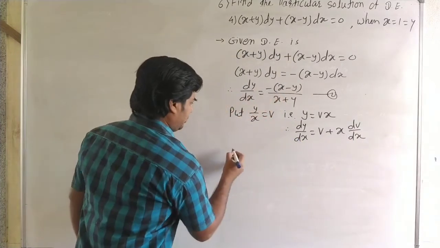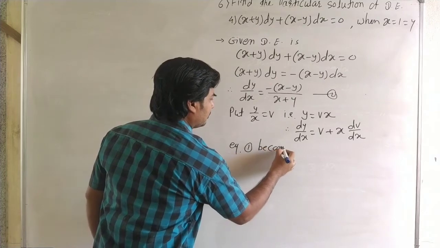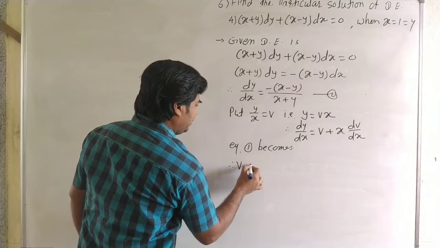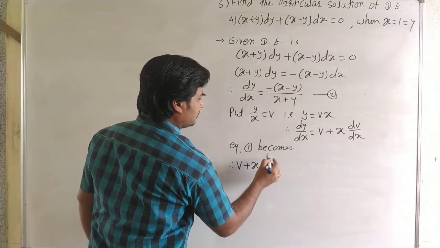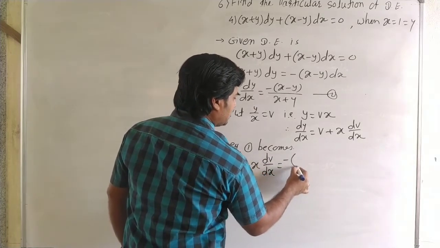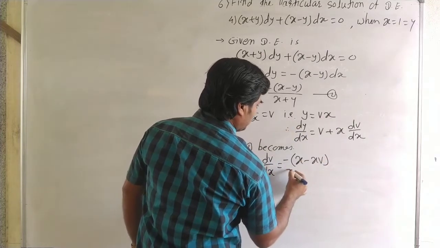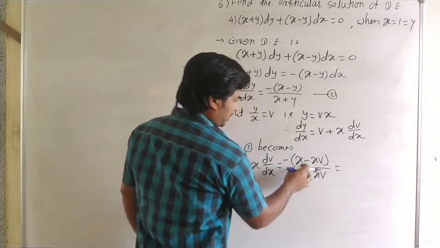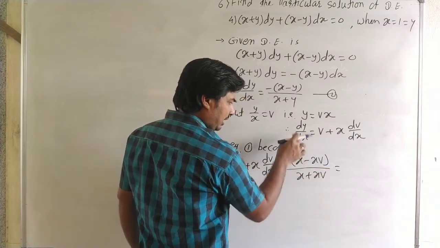Then equation 1 becomes v plus x into dv by dx is equal to minus x minus y upon x plus y, that is, x minus vx upon x plus vx. Then this x gets cancelled, x taken common and cancelled.